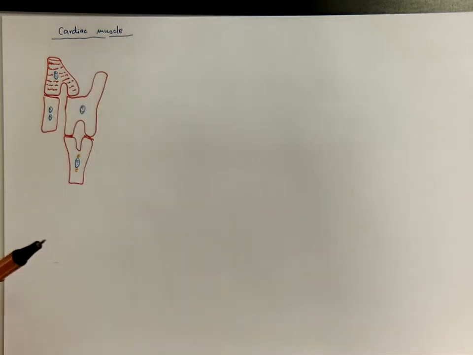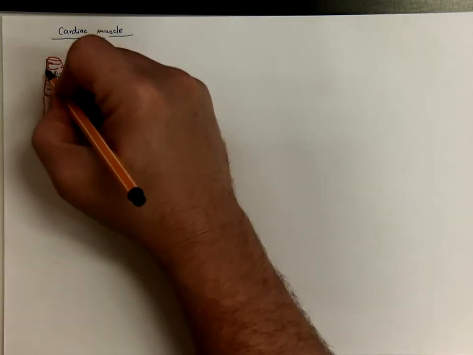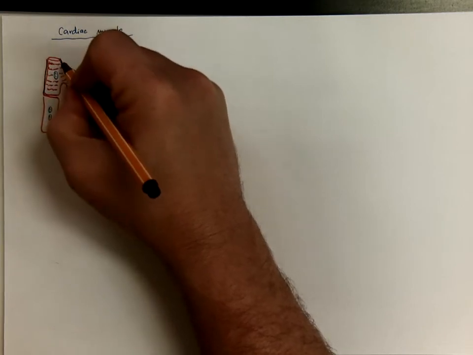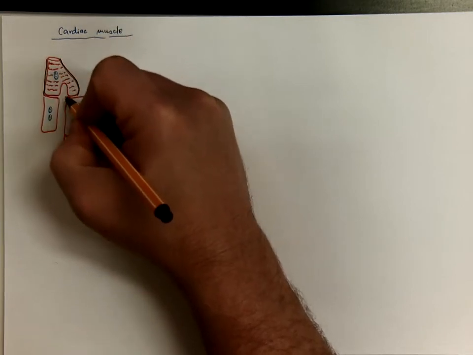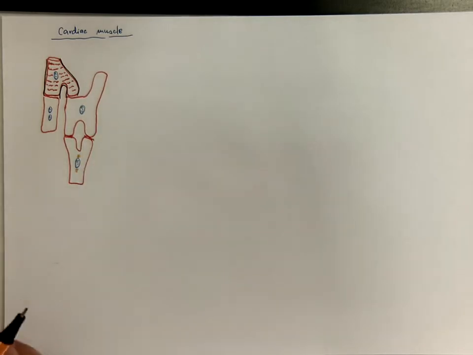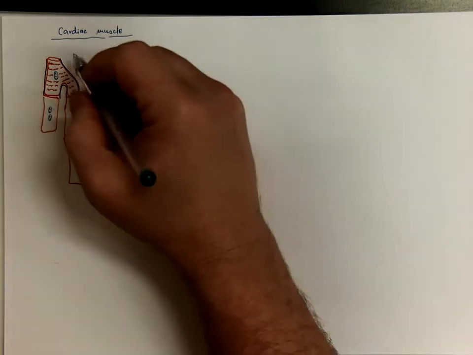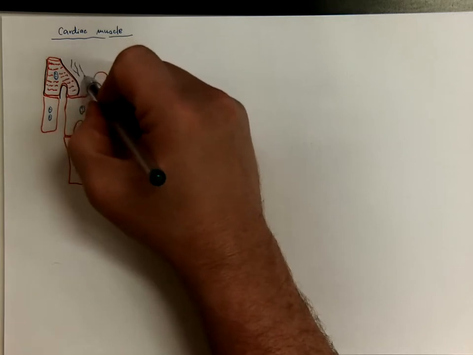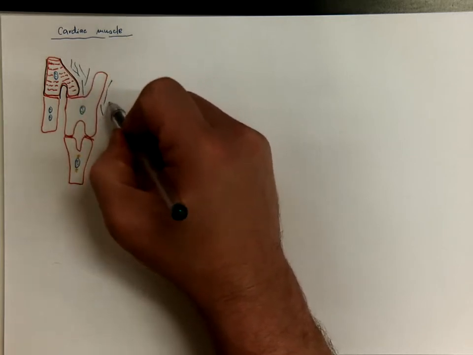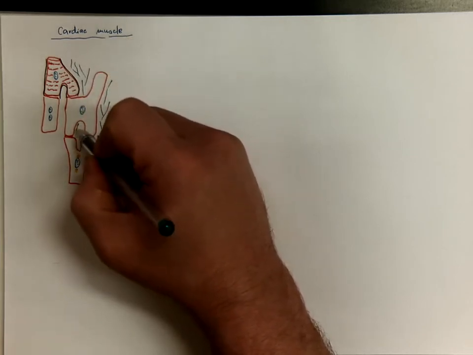There is again the basal lamina surrounding each cardiac myocyte, and there is connective tissue with a very rich capillary network.